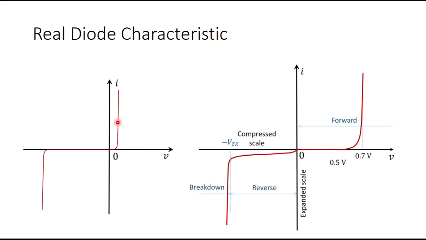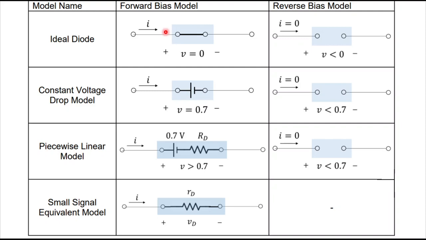This gap between this line and the y-axis is 0.7 volts. So if we assume that we are working with, let's say, 50 volts or 200 volts, the power line voltages, things like that, then 0.7 is very small, and you can assume this to be almost zero. And if you assume that you are not reaching breakdown, then you can assume this is the ideal diode model, right? And that's the kind of model that we have discussed till now.